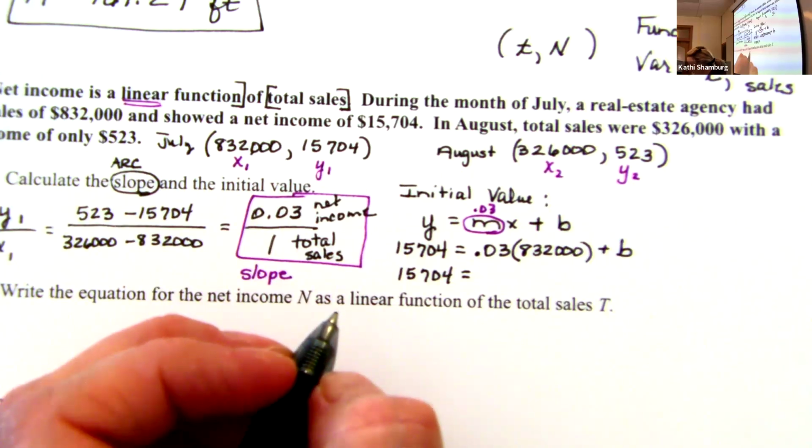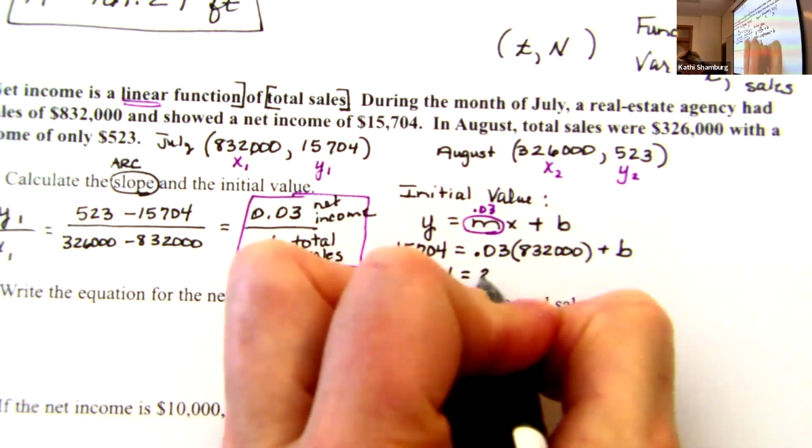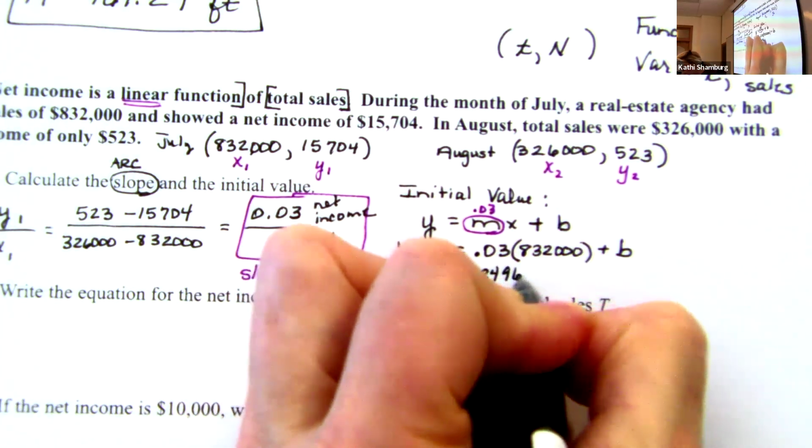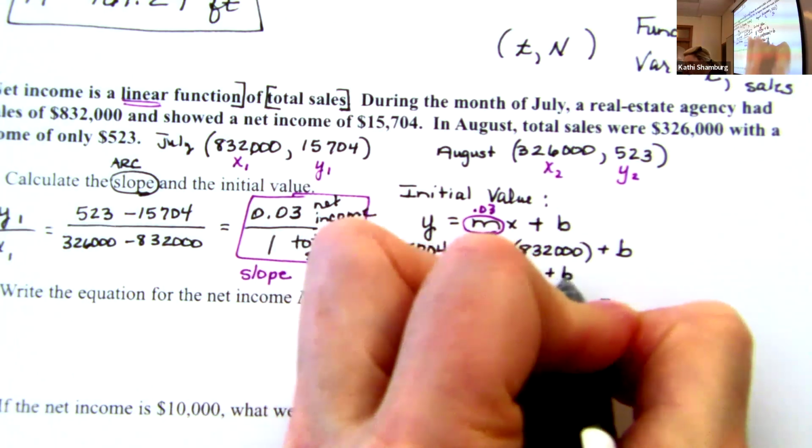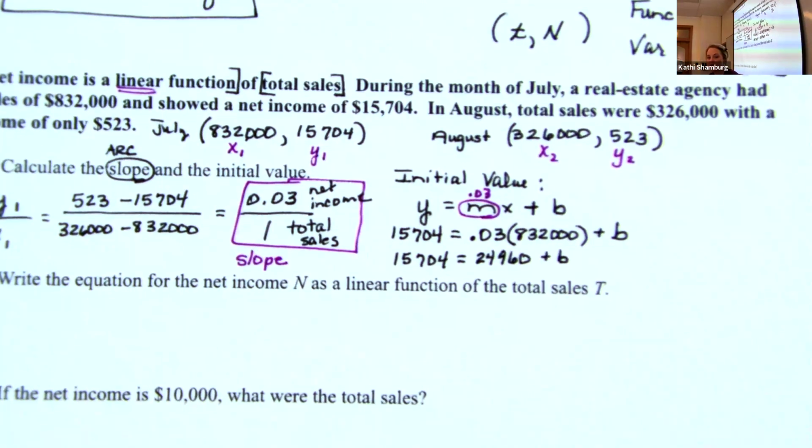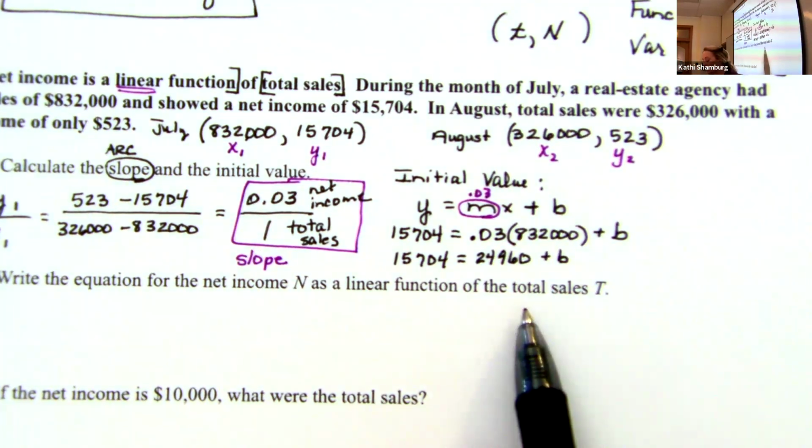And I get 24,960. Okay, so now I need to solve this equation for B.